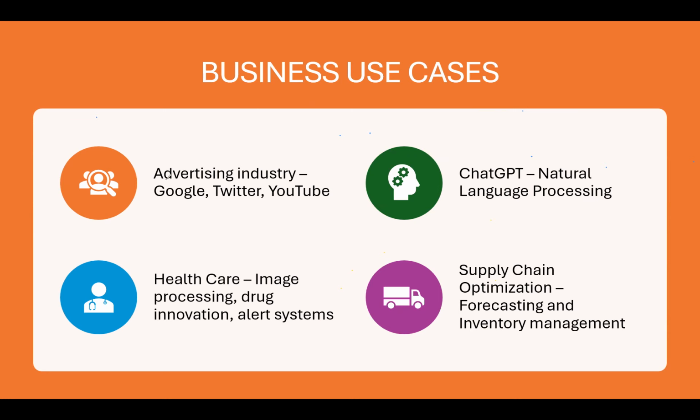So like in the advertising industry, there's a lot of machine learning going on there. YouTube will look at what kind of videos you watch. They look at all the video series you are watching, and then they recommend ads for you based on what you are watching, because they now know your interest, right?